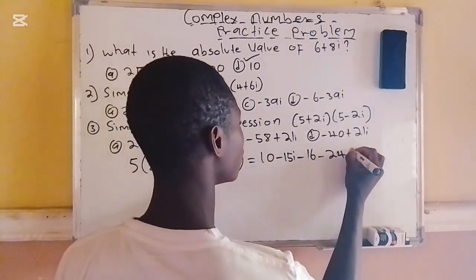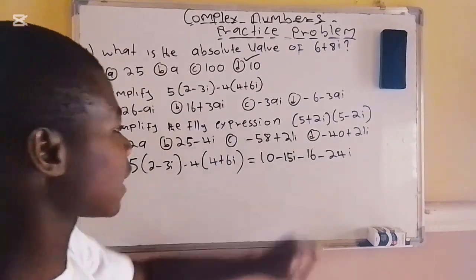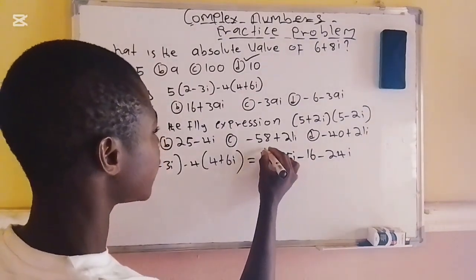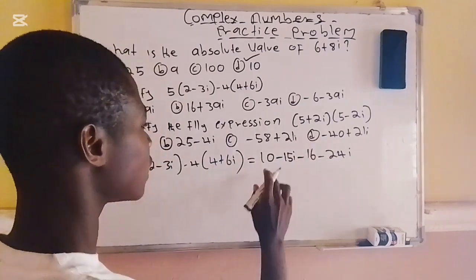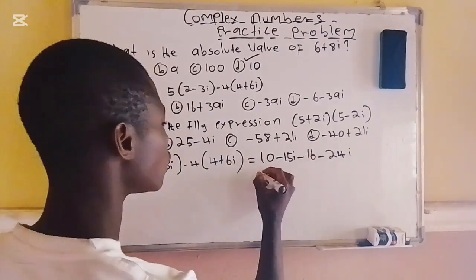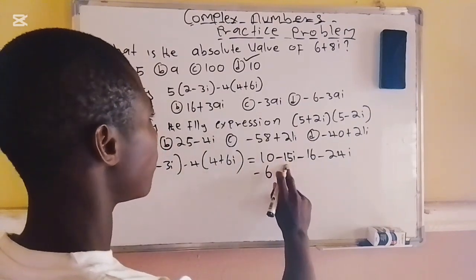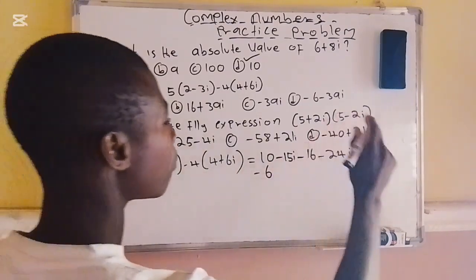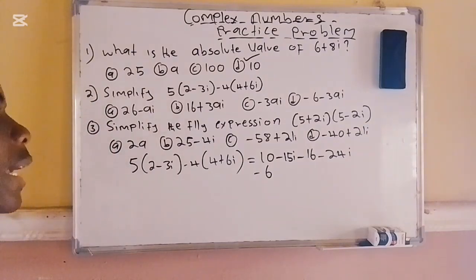And minus 4 multiplied by positive 6i will be equal to minus 24i. So we have to check whether we have like terms. We have 10 as a real part and we have negative 16 as a real part. 10 minus 16 will give me minus 6. And then minus 15 minus 24 will give me 39.